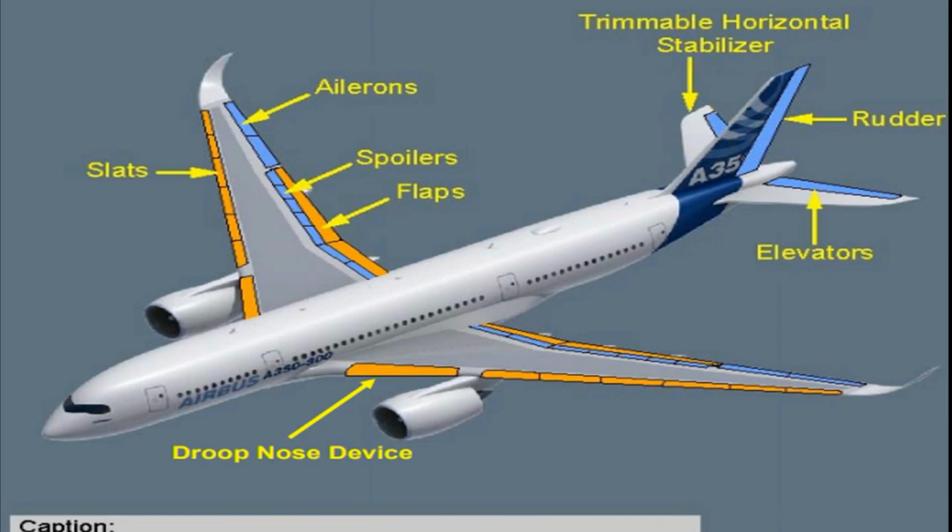They are on the leading edge. They also reduce the stall speed. They retract normally, so they are not creating drag when not deployed. And that's the end of my part.